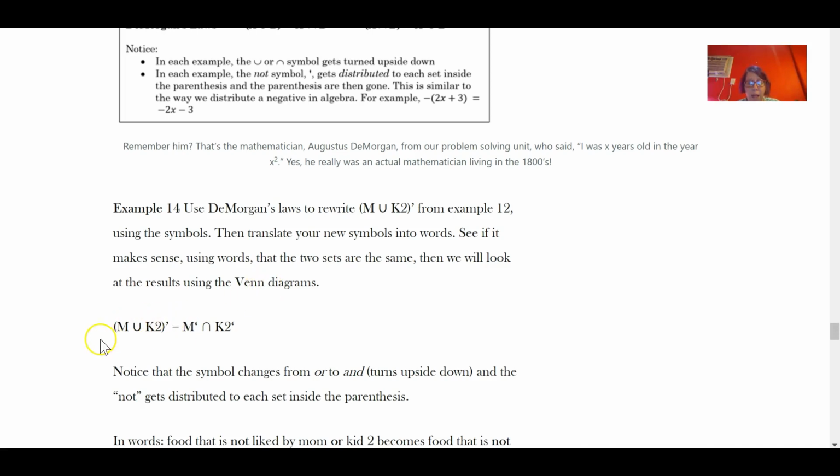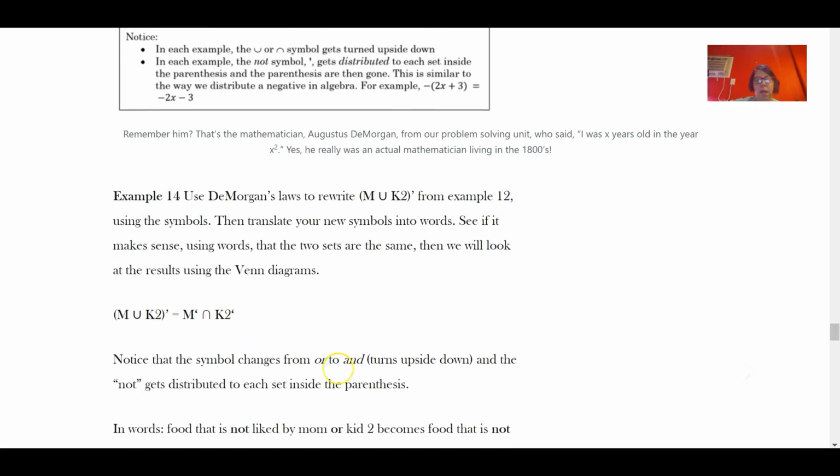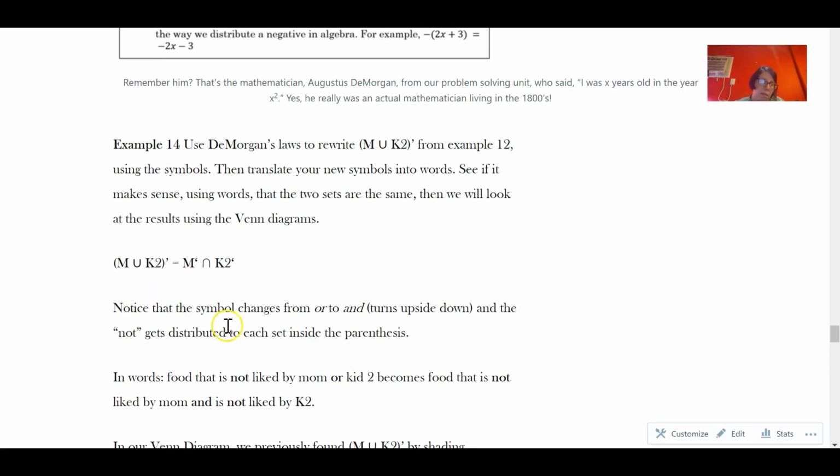Food that's not liked by mom or kid two becomes food that mom doesn't like and kid two does not like, right? Instead of doesn't, you can say does not. Make sure you get the not in there, but it's the same idea. And you see that the or becomes an and, and that once there was one not, you now get two nots.